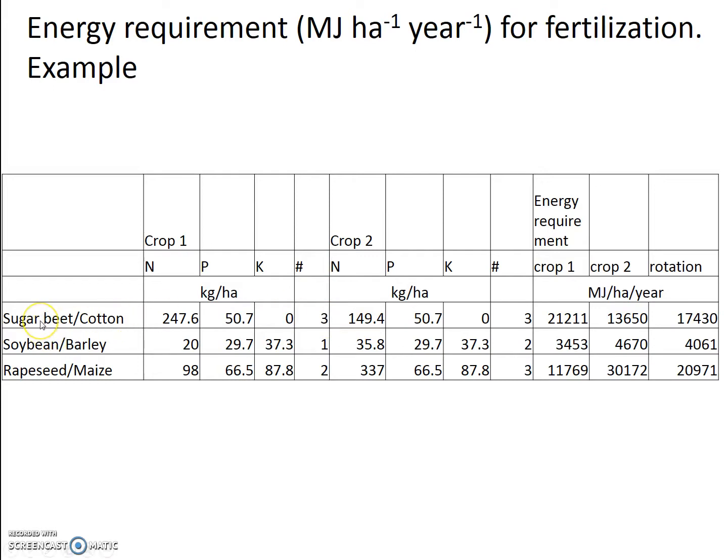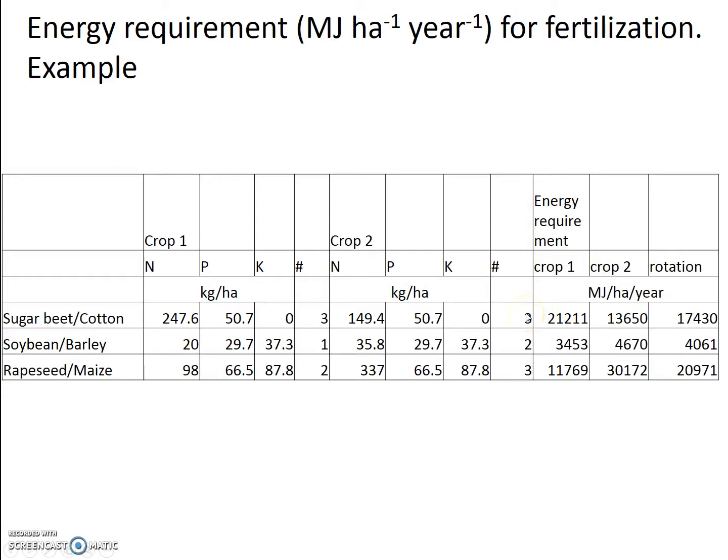For instance, for sugar beet we will apply almost 250 kilograms of nitrogen per hectare, around 50 kilograms of phosphorus, no potassium, because in this example we are assuming a soil rich in potassium, and we would apply for cotton almost 150 kilograms of nitrogen per hectare and almost 50 kilograms of phosphorus per hectare in 3 applications.